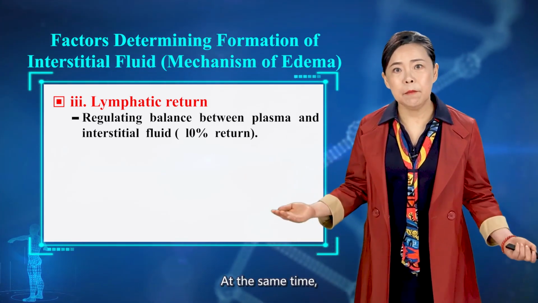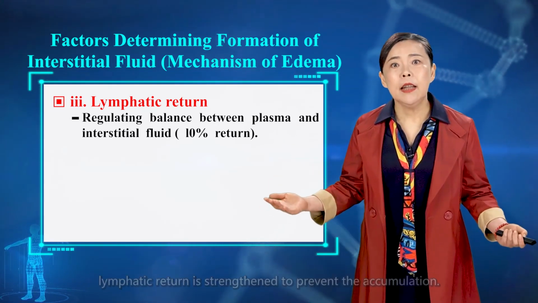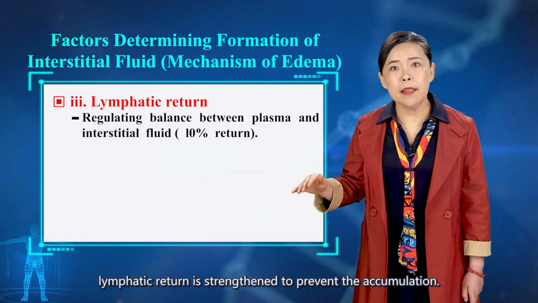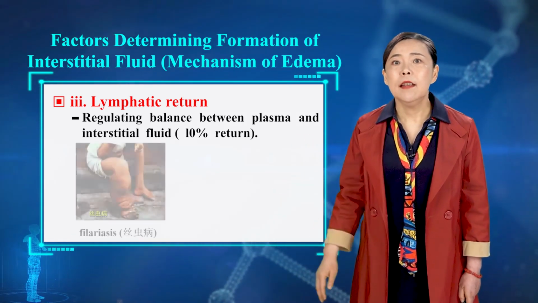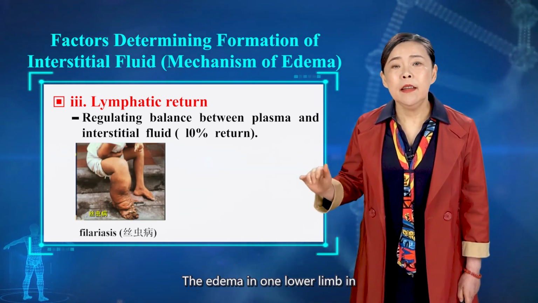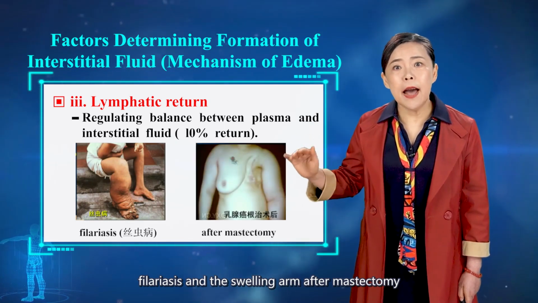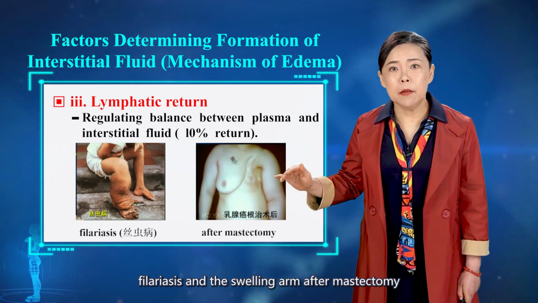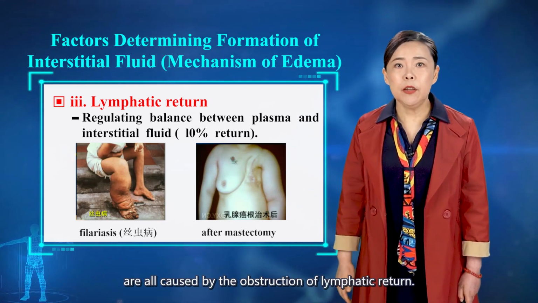At the same time, if interstitial fluid is too much, lymphatic return is strengthened to prevent the accumulation. The edema in one lower limbs, in filariasis, and the swelling arm after mastectomy are all caused by the obstruction of lymphatic return.